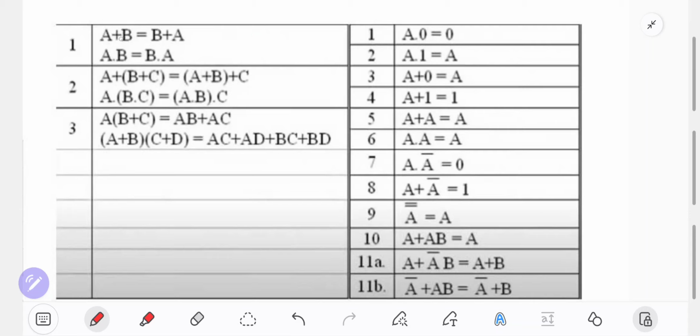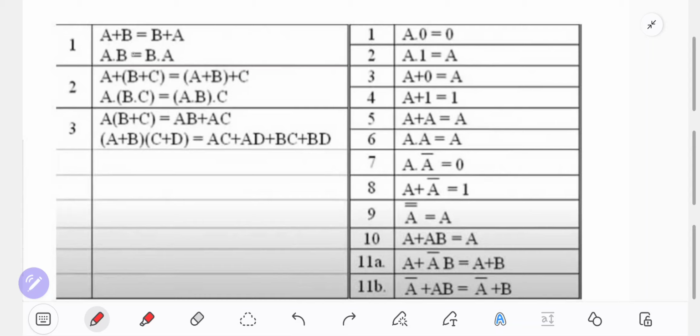where plus is for OR gate logic, and times is for AND gate logic.